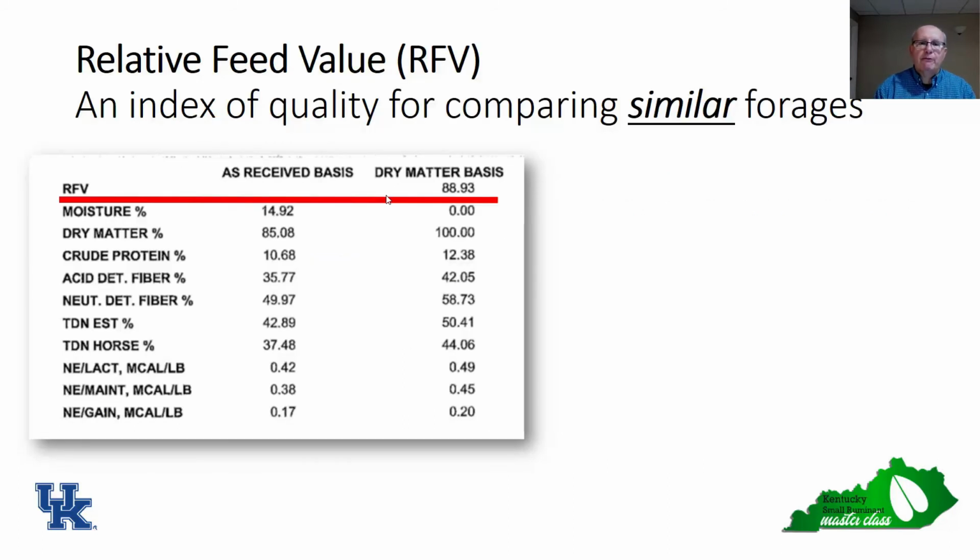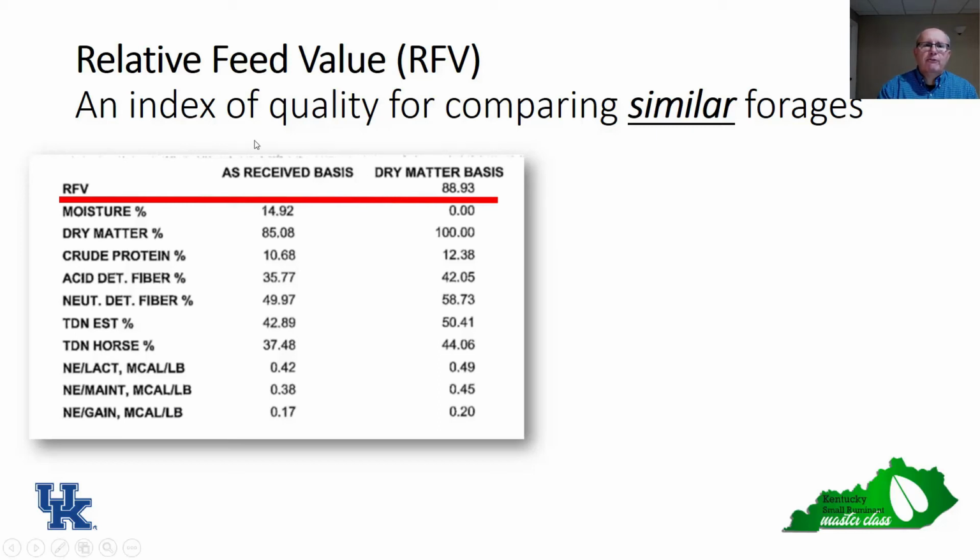I want to talk about relative feed value because it's an index of quality for comparing similar forages. It's probably 40 years old or so in use, or it was developed to provide a one number value for comparing forages. And it's important to note that we can only compare similar forages with relative feed value.